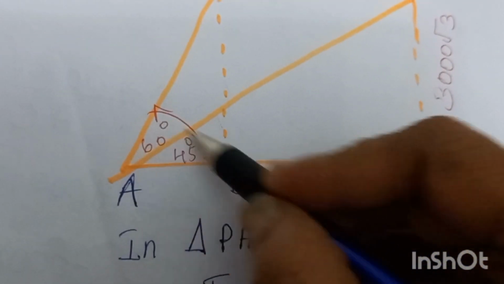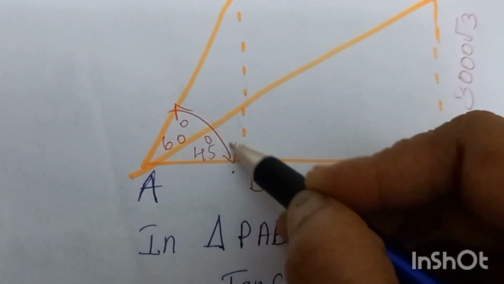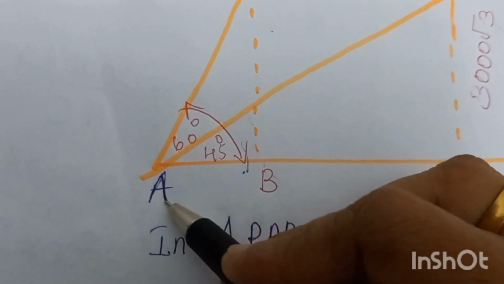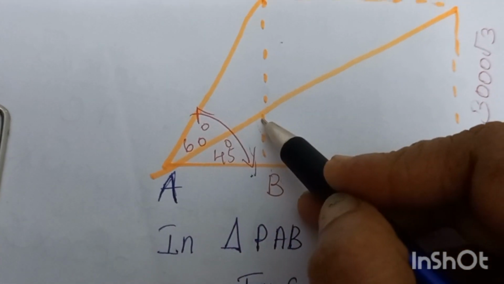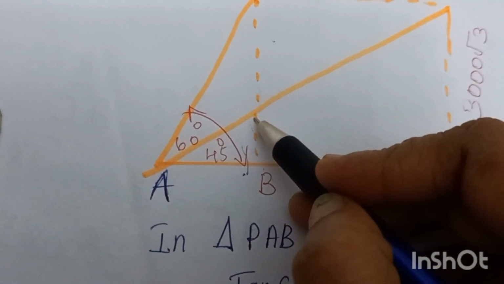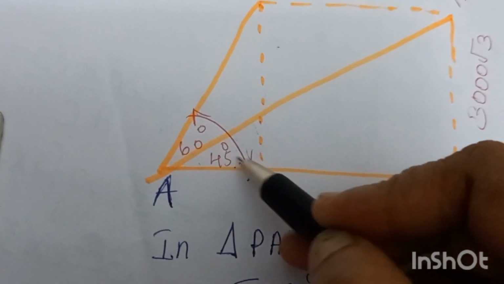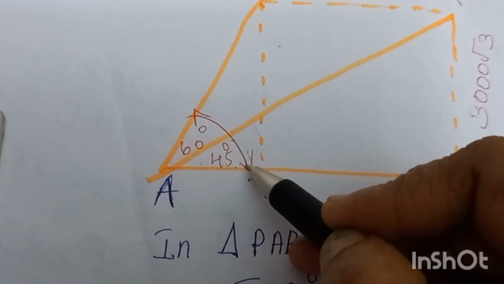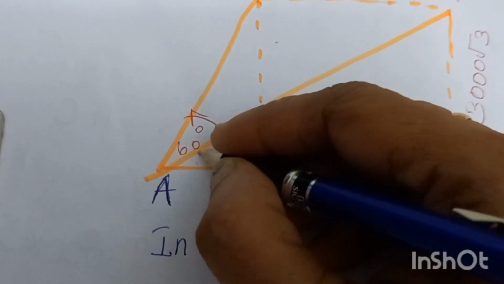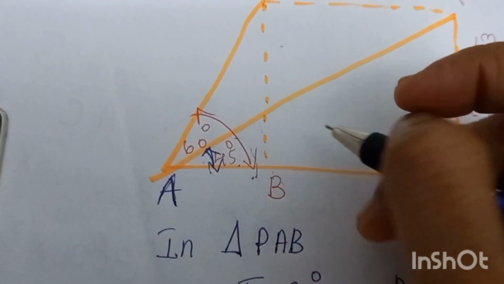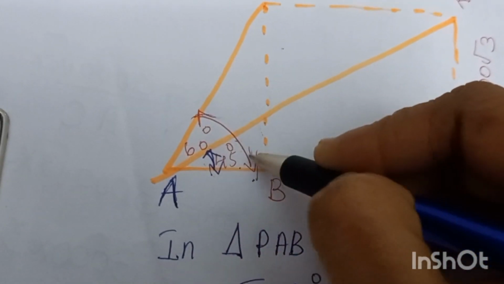So this angle is 60 degree, and an observer A is observing. So this angle of elevation is till here 45, till here 60.